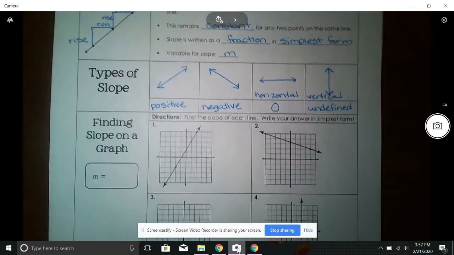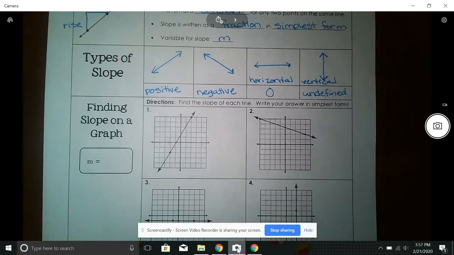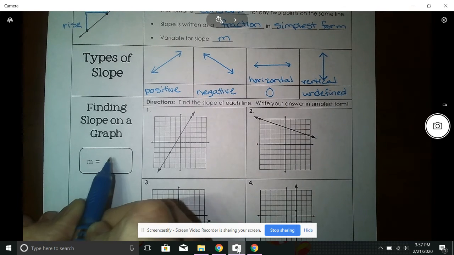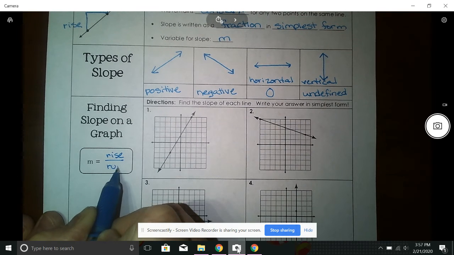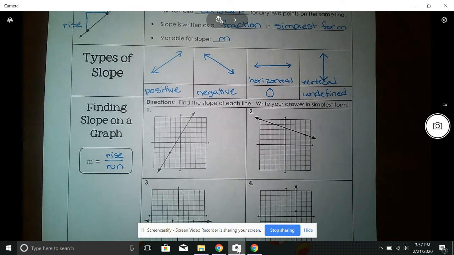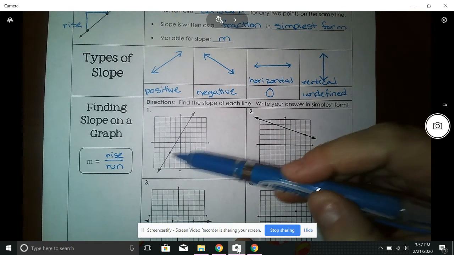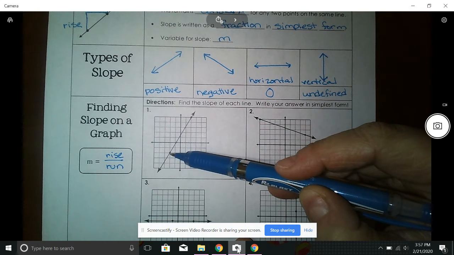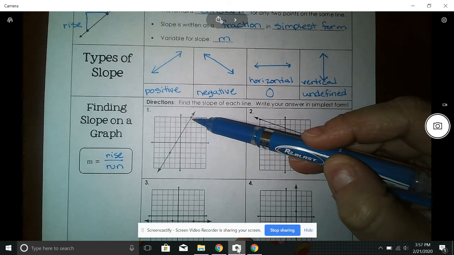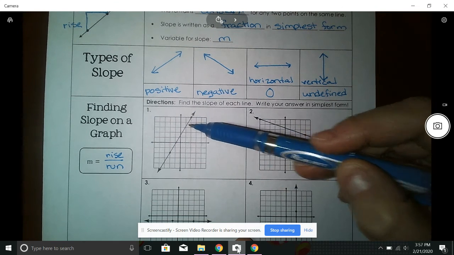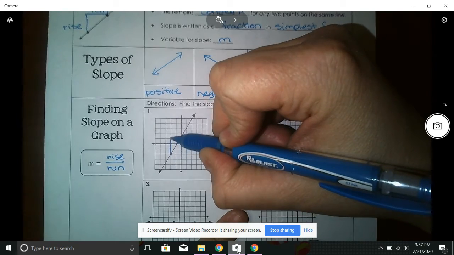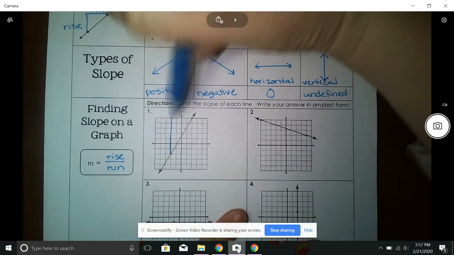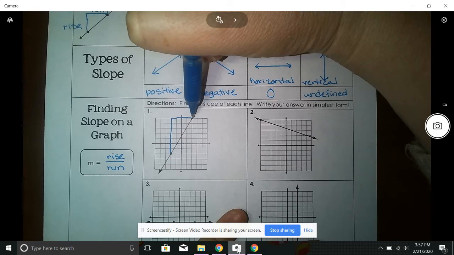When you are finding the slope on a graph, you can think of the rise over the run. This is a really common way to measure slope. So if you look closely at example 1, there's a point at (-2, -2), and another point at (2, 5). And I'm just going to draw my path of rise and run, connecting the dots.